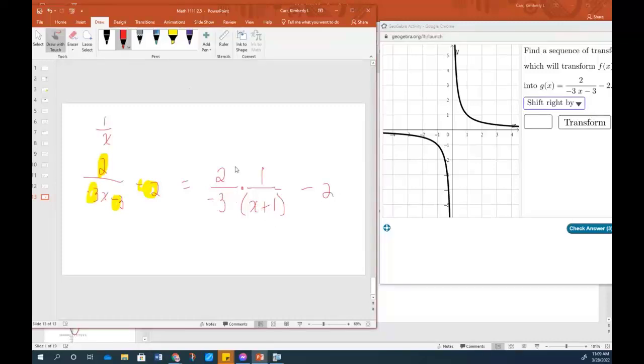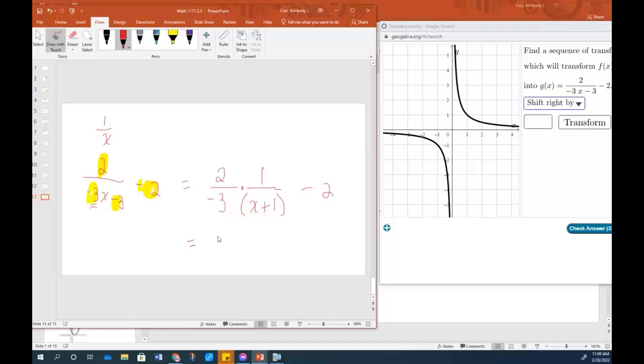If you notice, I took the 2 from the top and factored it to the front, so I just have a 1. And then I took this negative 3, not so much because it was second, but because it was right in front of x, and I factored it to the front. So now I can see what they've multiplied by in both cases. It doesn't have to be written separately.